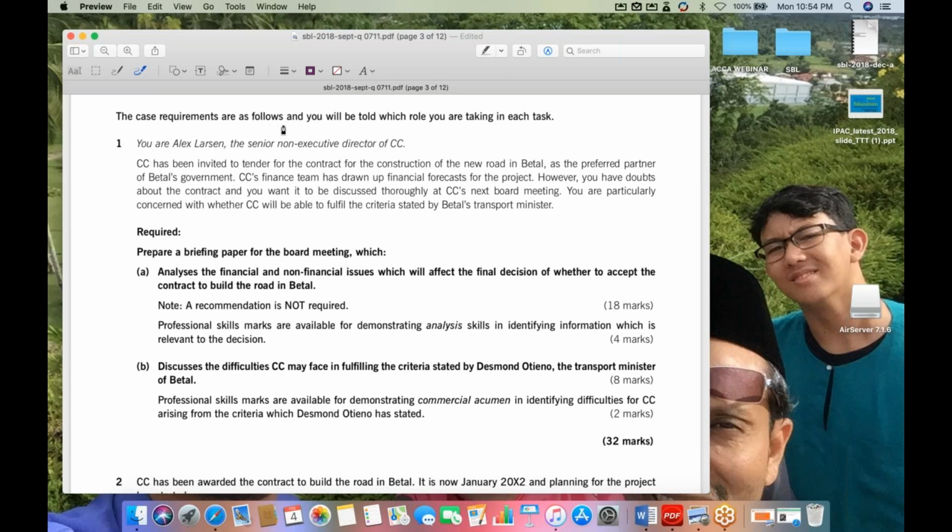The case requirements are as follows, and you will be told which role you are taking in each task. All right. So here, this is you. You are playing a role as Alex Larson, Senior Non-Executive Director of CC. If you are the Senior Non-Executive Director of CC, are you actually employed by them?